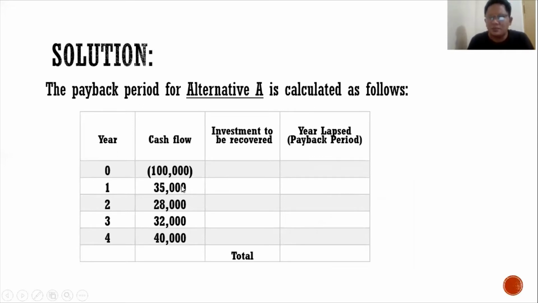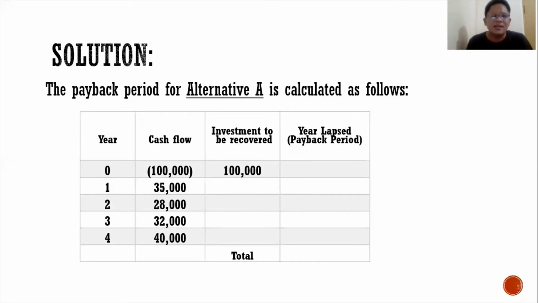At the start of the project, year 0, the investment to be recovered is also 100,000. Negative connotes cash outflow, positive connotes cash inflow. At the start of the project, you spent 100,000, therefore the investment to be recovered is also 100,000.